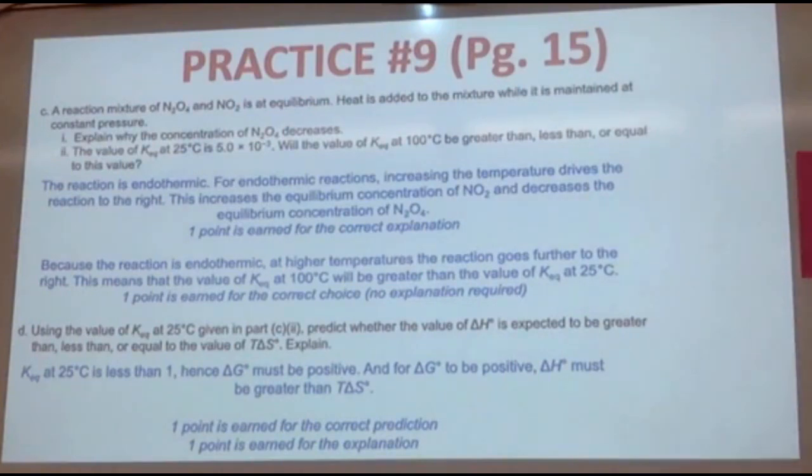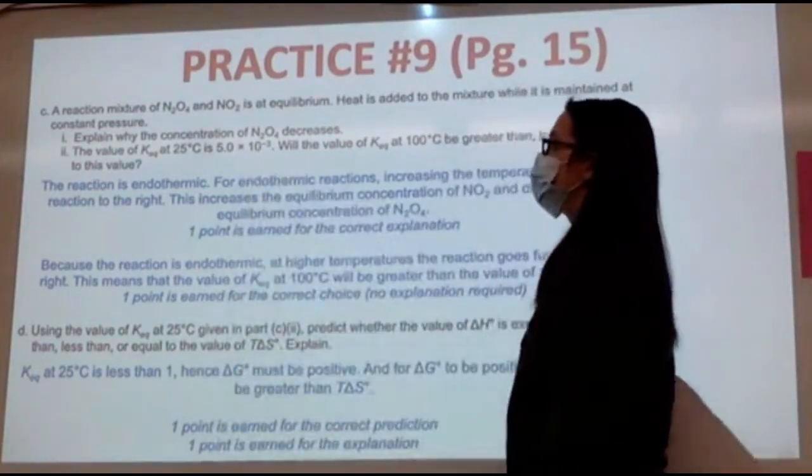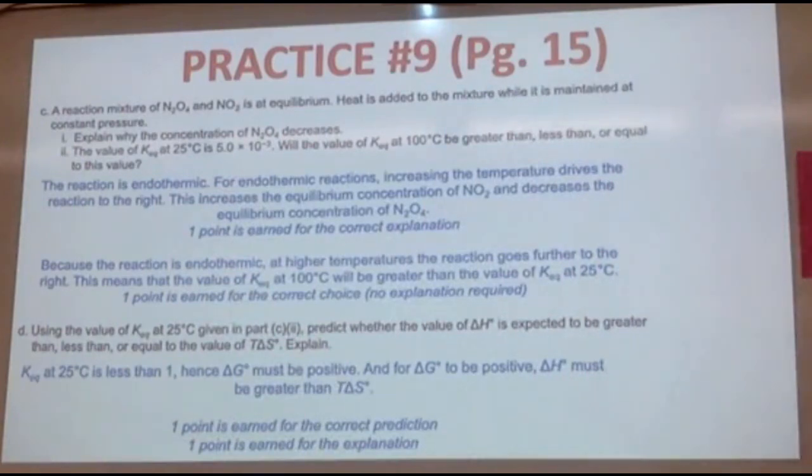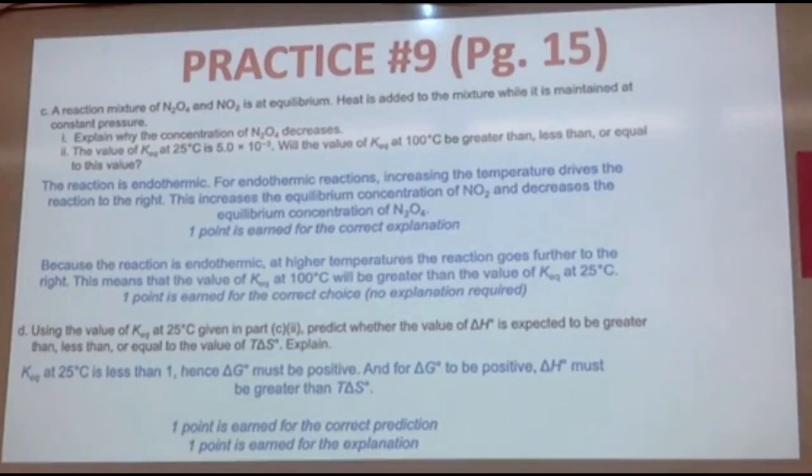And then part 2, the value of KEQ. The equilibrium constant is 5 times 10 to the negative third. That means it's less than 1, so reactants are favored. Will the value of KEQ at 100 degrees Celsius be greater than, less than, or equal to this value?